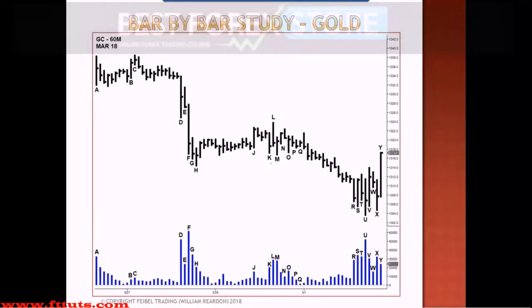Then bar M, tricky bar. It's good volume, average spread, that closes firm. It dips under all this price action and under K to reverse and close firm, above this close, and that low and that low.